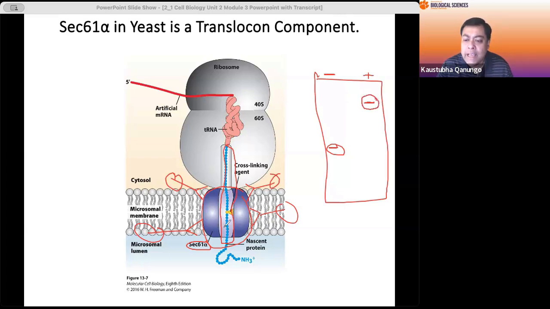The reason is that it is the molecular weight of the translocon plus the protein. If you do not cross-link them, this is the molecular weight of the protein only.